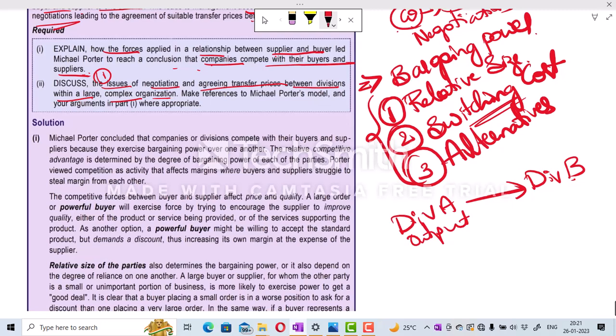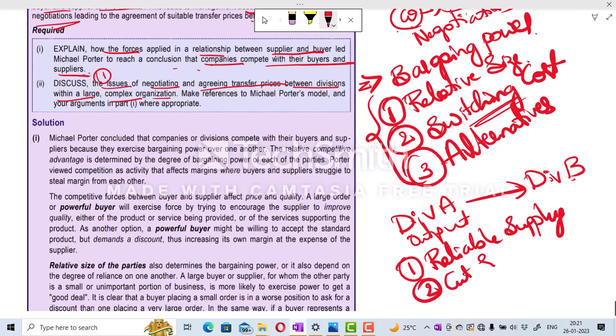Generally, why there will be an internal transfer means just for reliable supply. Like we will trust our family more than anyone else, or just to cut supplier margin, because rather than giving that margin to any outsider, it is better for a company to take that margin and reduce the transaction cost, any additional cost.